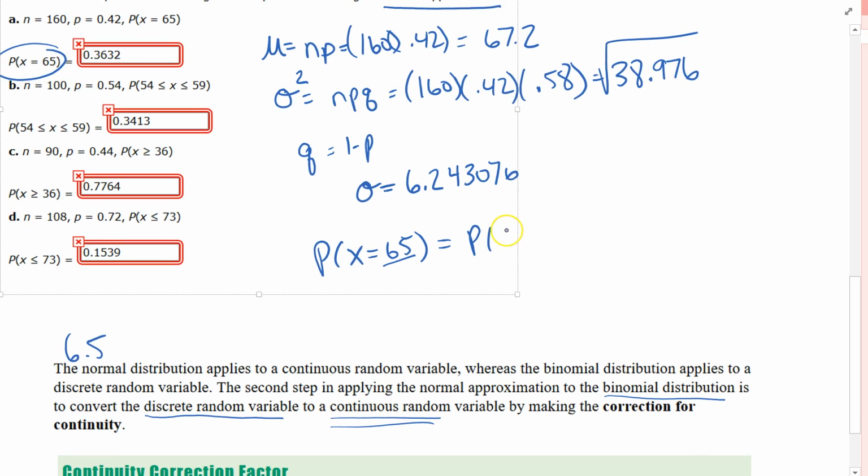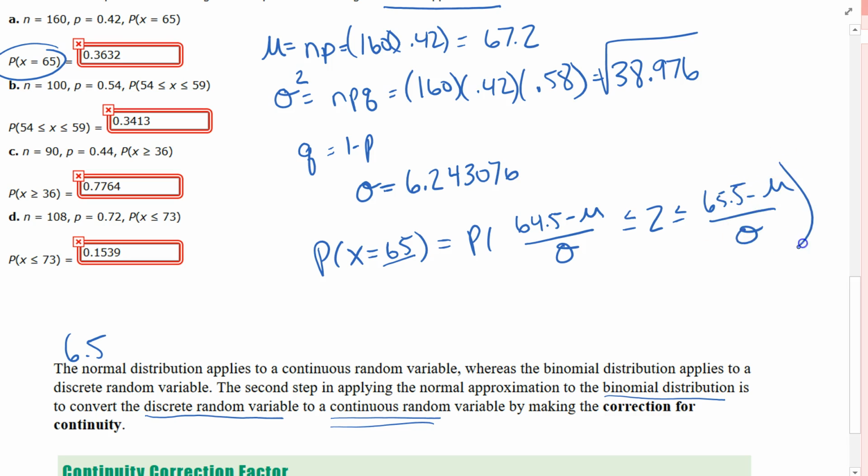So we actually subtract 0.5 on the left and add it on the right. We're looking for the corresponding z-values. We would have the probability that 64.5 minus the mean over the standard deviation is less than or equal to z, less than or equal to 65.5 minus the mean over the standard deviation.